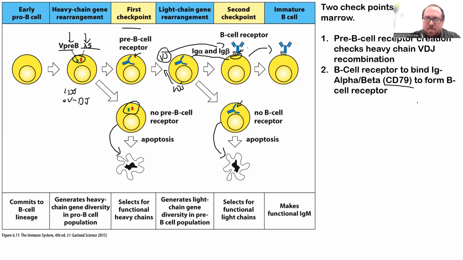And so CD79 plus the B cell receptor in its entirety is what makes an immature but naive functioning B cell receptor.